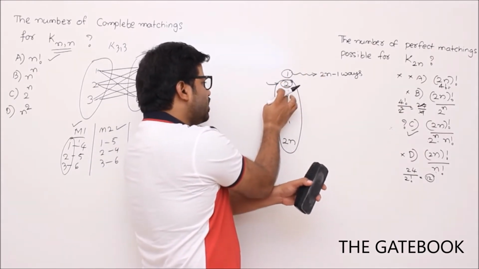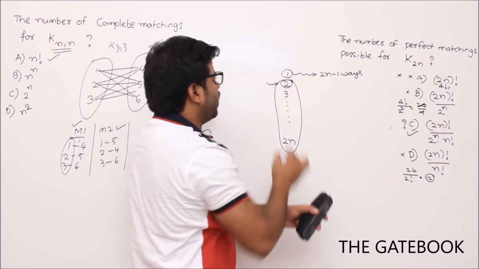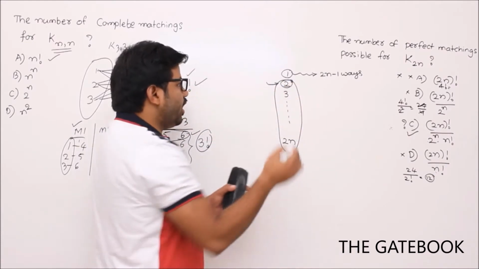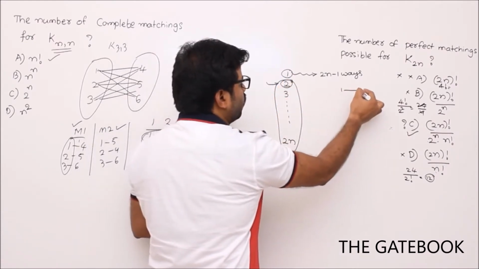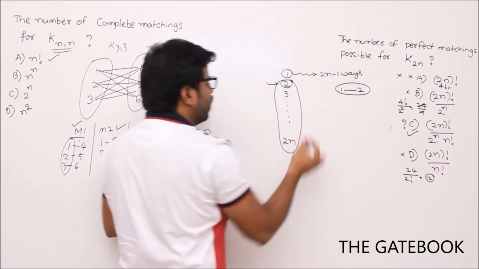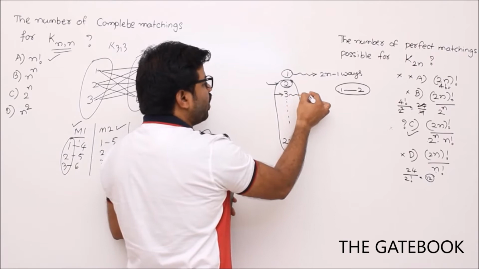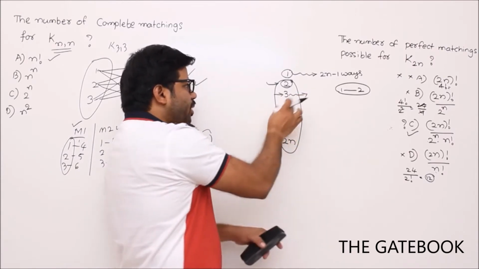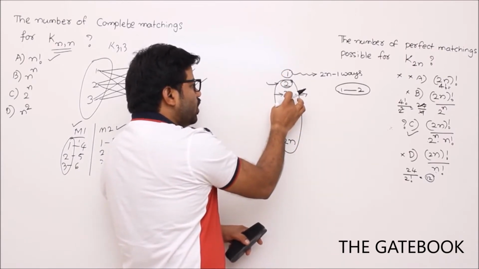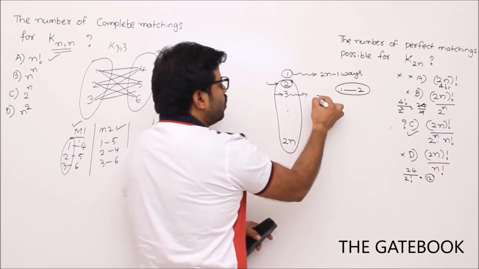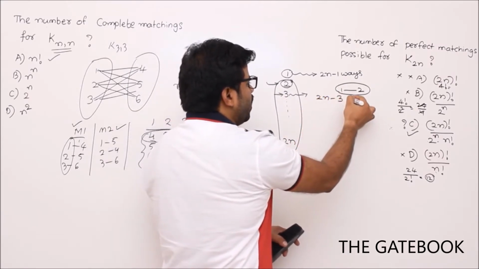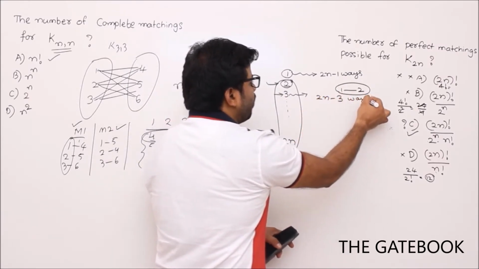Finally, there will be a next element, right? I'm talking about the next element. For example, 1 takes 2 and it goes out. Then the next number 3 will have how many options? 3 cannot take 1 and 2, so 3 can take any of the 2n minus 3 elements. That's why 2n minus 3 ways 3 can be mapped.